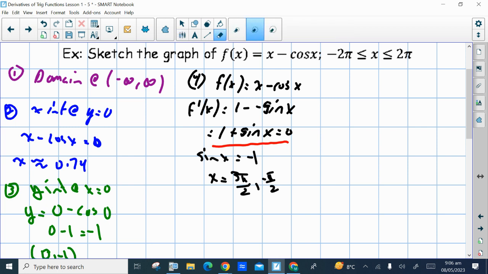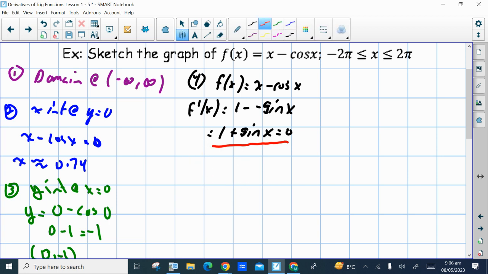So let's erase this part because we actually don't even need it. That's how we would normally do it though. Find our critical numbers, divide the number line up. But we would see that on that number line in all those intervals, the derivative will always be positive because 1 plus sine x is never negative. So you can say that 1 plus sine x is greater than or equal to 0.